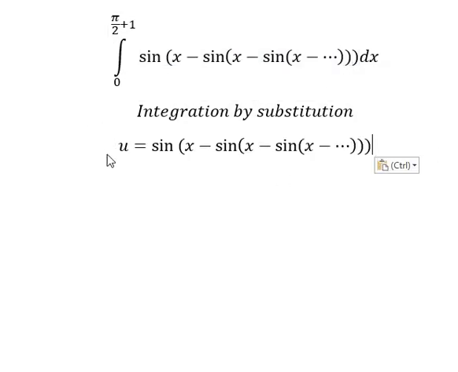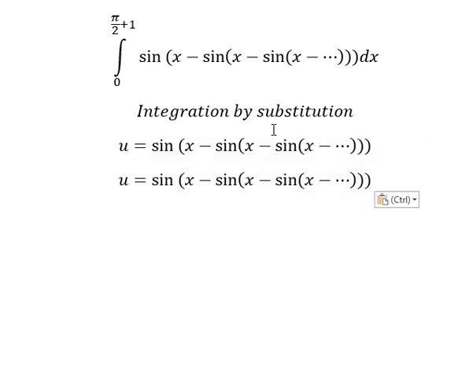Now, if we look carefully, if we put u equals to this one, we can see that inside this one, u repeats again. Now we need to transform this one into u.